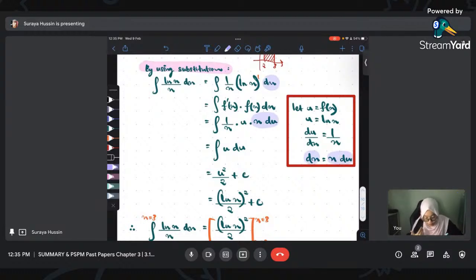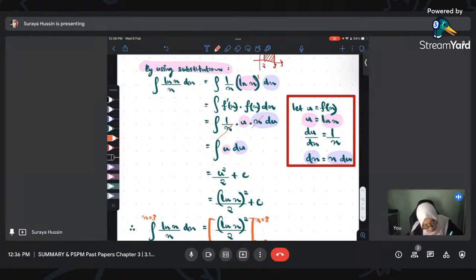Okay. Ln x is your u. 1 over x is just where you write it down. And then you can cut it. You cut it, you tinggal lah u only with the du. See, everything will be in terms of u already.